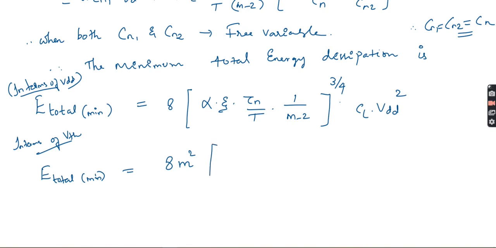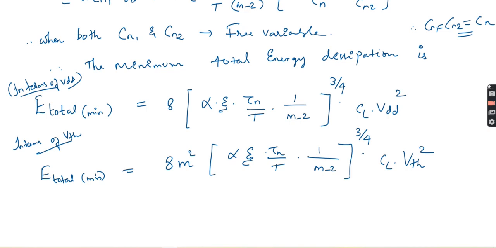Similarly you have to write here also alpha into tau n divided by t into 1 by m minus 2 to the power 3 by 4 into CL into VTH square.